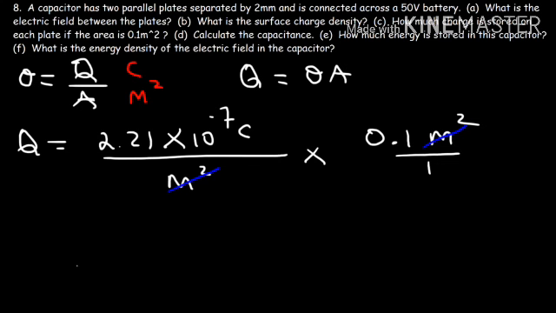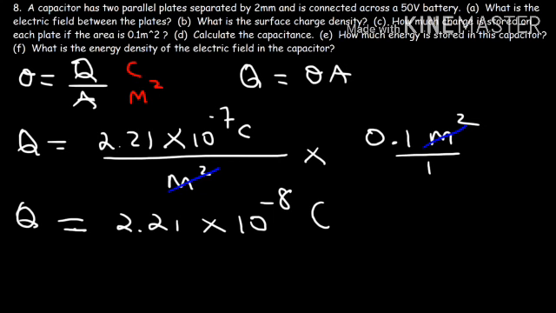So these units will cancel, giving us the desired unit in coulombs. So 2.21 times 10 to the minus 7 times 0.1 is just going to be 2.21 times 10 to the negative 8. It's going to be smaller. So that's the electric charge stored in this capacitor. Now what about part D? Calculate the capacitance. Let's do it 2 ways.